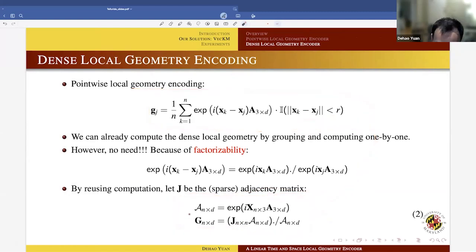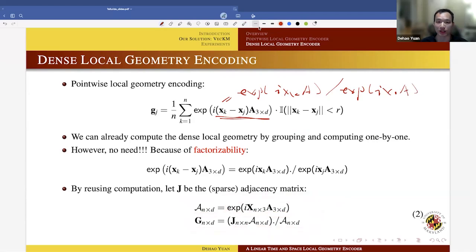Now you can see the formula is already very simple. You compute x multiplied with A and then do an exponential i mapping, and then you multiply this with the adjacency matrix and divide it by the A matrix. Why can we do that? It is because there is a very nice factorizability here. This is equal to exponential i xk a divided by exponential i x0 a.